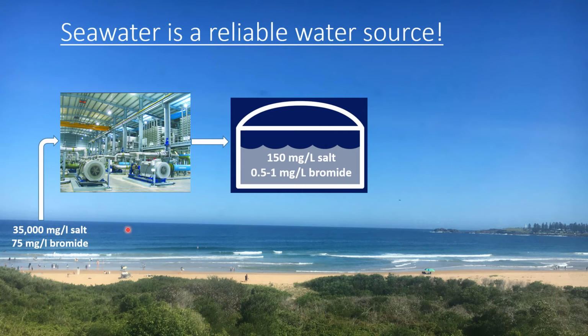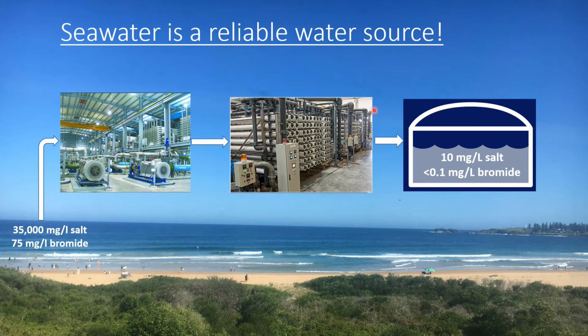We don't have much boron issue at this moment, but bromide is a carcinogenic compound, so we try to remove this compound. After the first pass of reverse osmosis, we have 100 milligram per liter of salt and 1 milligram per liter of bromide, still a very high concentration of bromide as well as TDS.